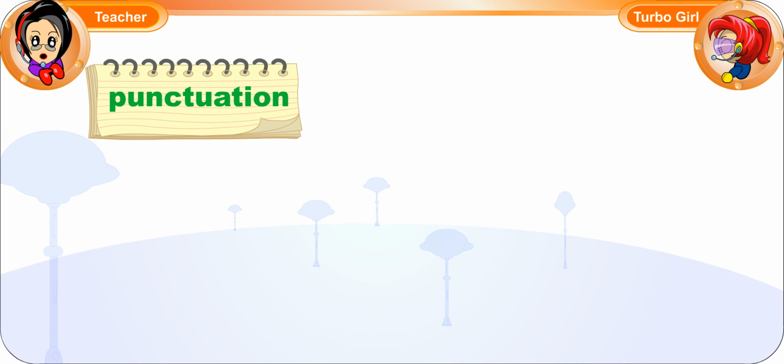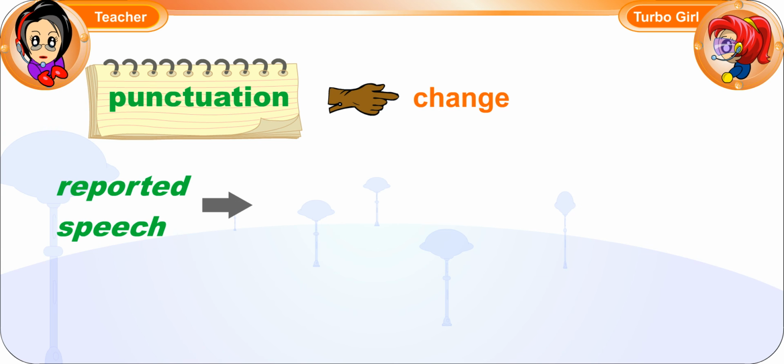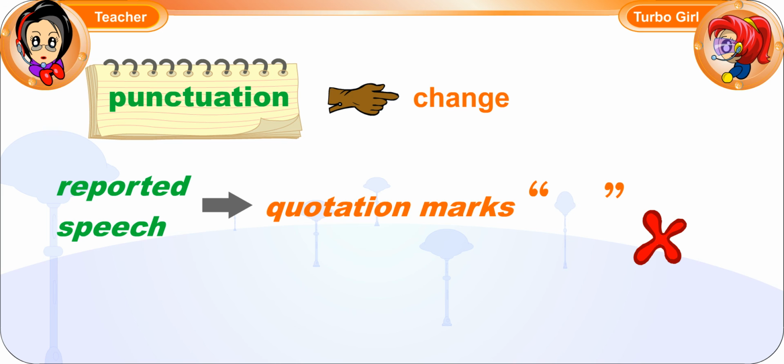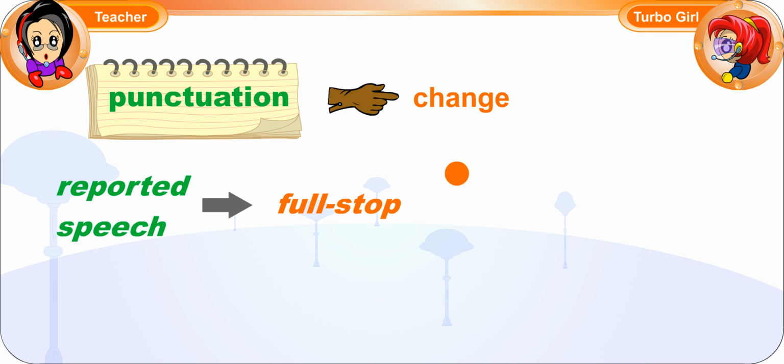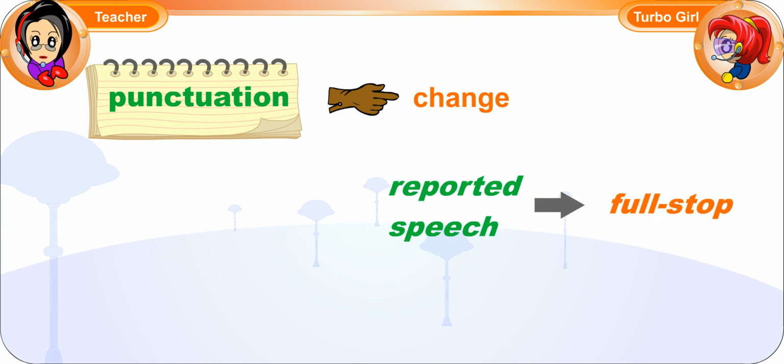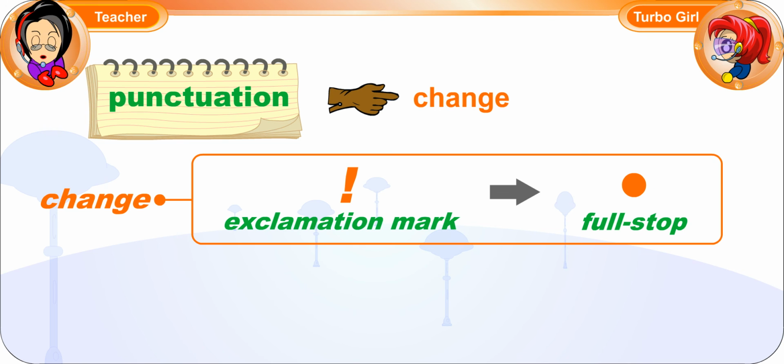6. Punctuation. The final thing to change will be punctuation marks. Reported speech does not have quotation marks, and it always ends with a full stop, so we must change the exclamation mark or the question mark to a full stop in reported speech.